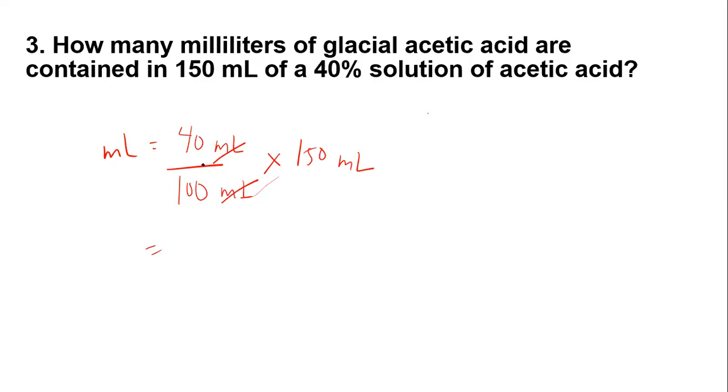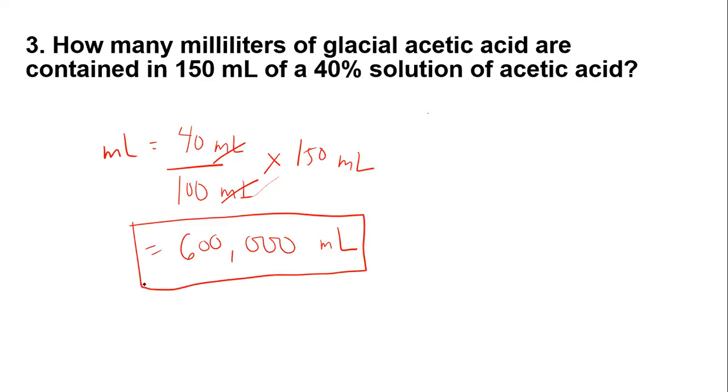So you're now going to solve this using your calculator: 40 divided by 100 times 150. And what is the answer? The answer is 600,000 ml. And again, don't forget to box the final answer. So, madali lang so far, di ba?